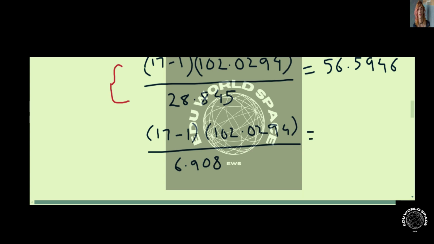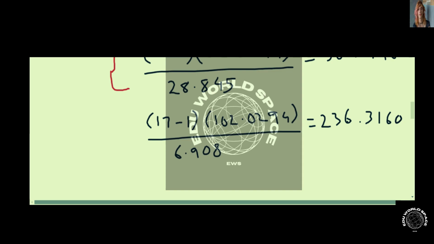Upon simplification, you'll see that this value comes to 236.3160. So here we found the confidence interval for our population variance.